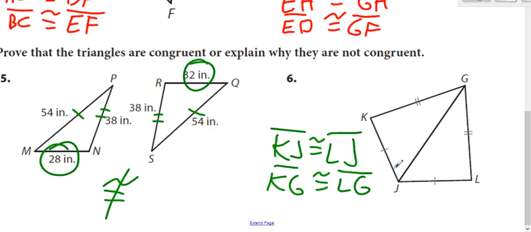And then they share the side in the middle. Since it's in both of them, you can say that JG is congruent to itself. That's the reflexive property, so we know that that's congruent. So that is enough to show that they are congruent because it's side, side, side.